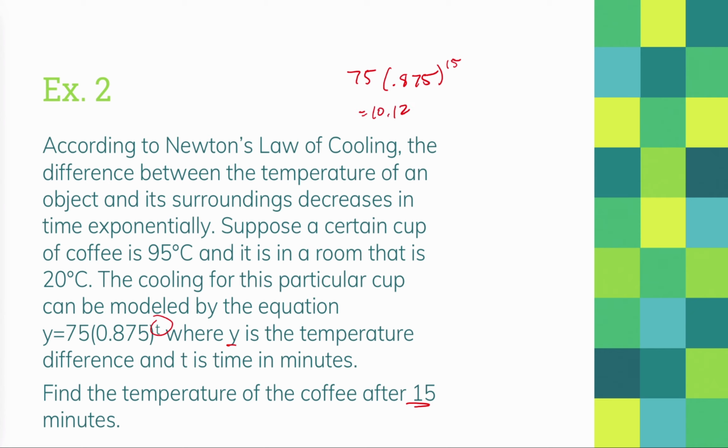Right? y is the temperature difference. So the difference between the temperature of the cup of coffee and 20 degrees. So we'll call it C for coffee. C minus 20 degrees is equal to 10.12. Add 20 to both sides, and so our cup of coffee is now 30.12 degrees Celsius.